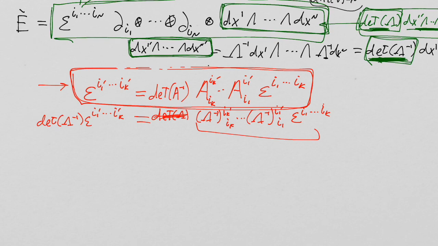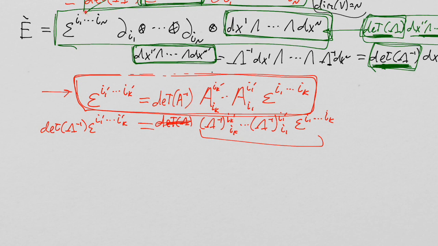So I'll transform the first part. The first part is the determinant of lambda inverse times epsilon I1 prime dot dot dot IN prime. And then the next part is I1 prime IN prime.